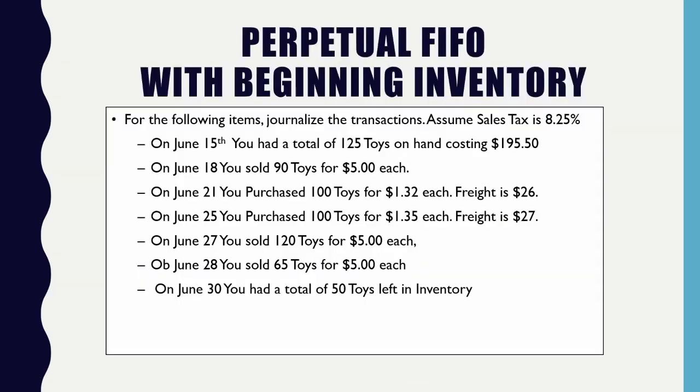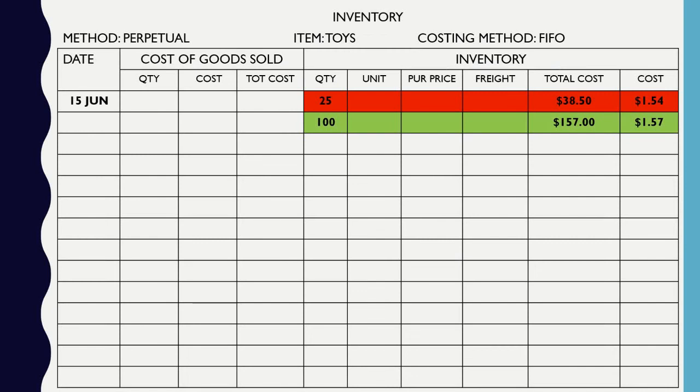So then on June 18, I end up selling 90 toys for $5 each. So let's take a look at our inventory. We have 100 in green and 25 in red. If I'm using FIFO, that means I'm going to be getting rid of the 25 first and then the remaining balance from my green batch.